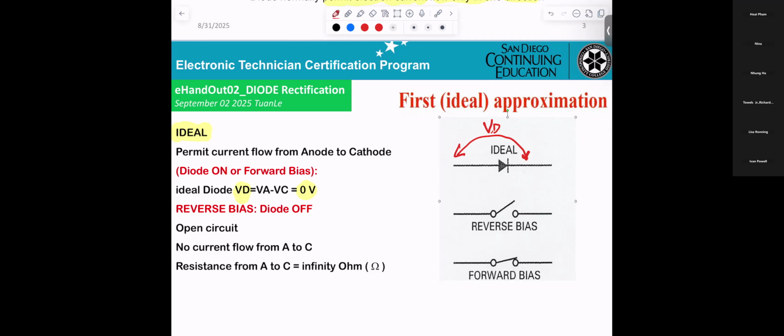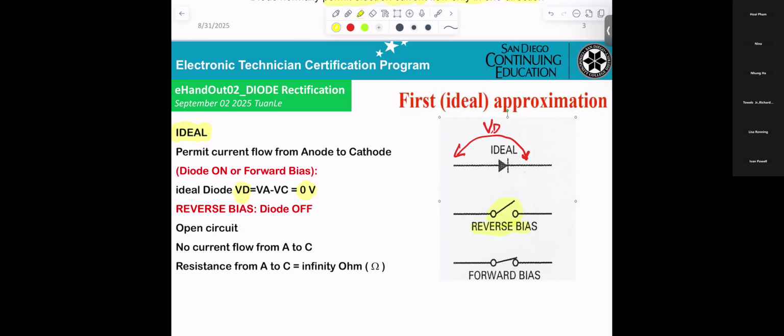Then the diode can be open, that's what we call reverse bias.